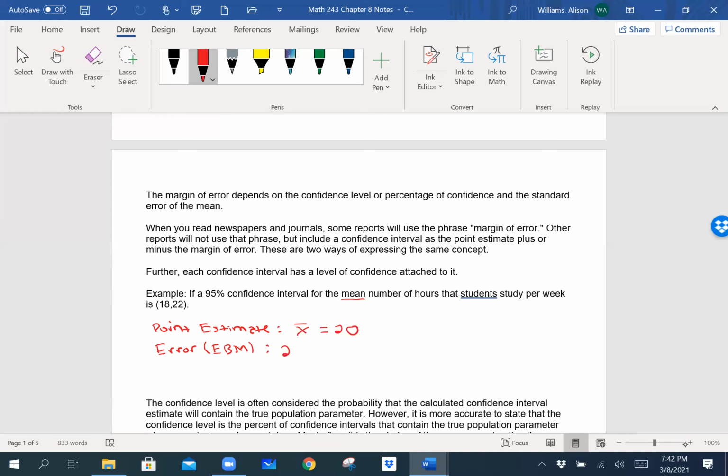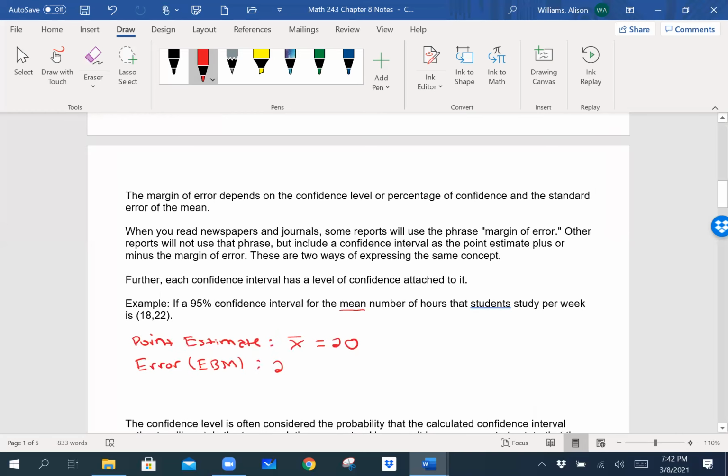Now, you notice that they talked about a 95% confidence interval. What that means is that we are 95% confident that the actual parameter, the population mean, is between 18 and 22. Let me write that down.